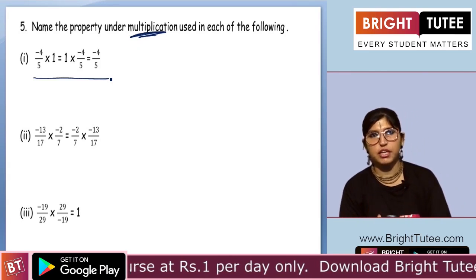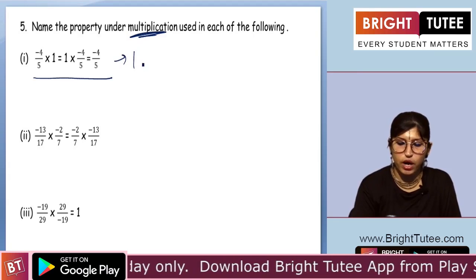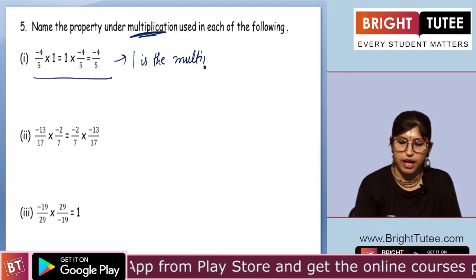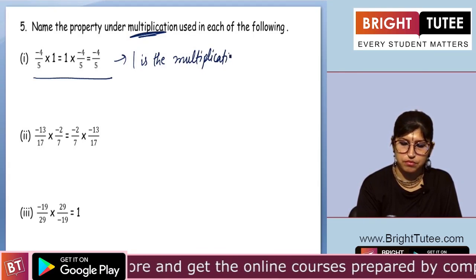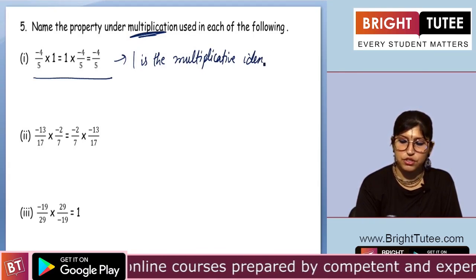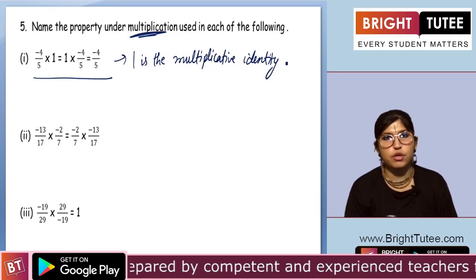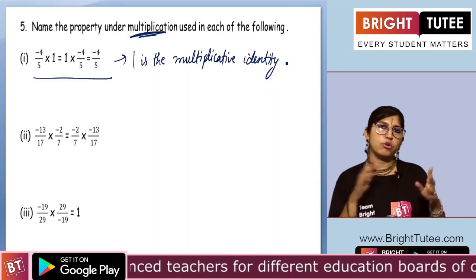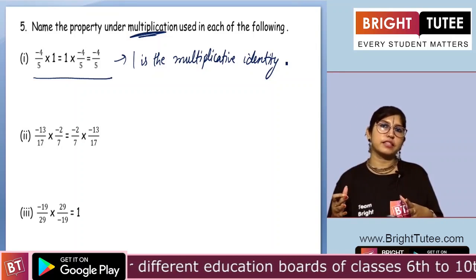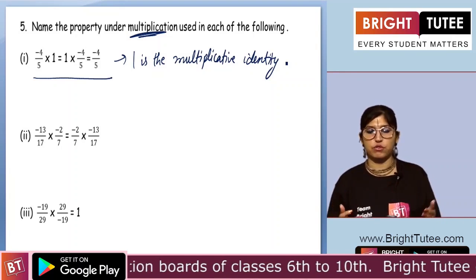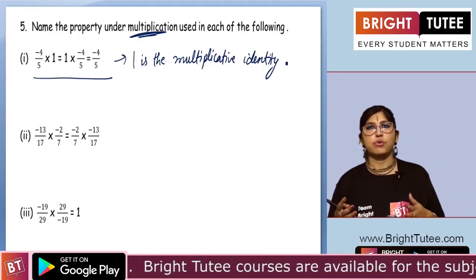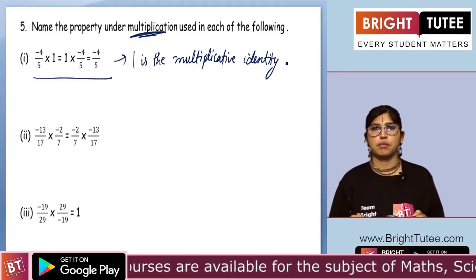So 1 is the multiplicative identity, because we are multiplying by 1 and interchanging the numbers, and we still get the same answer, which is minus 4 by 5. So this shows that 1 is the multiplicative identity, which is the property used under multiplication.